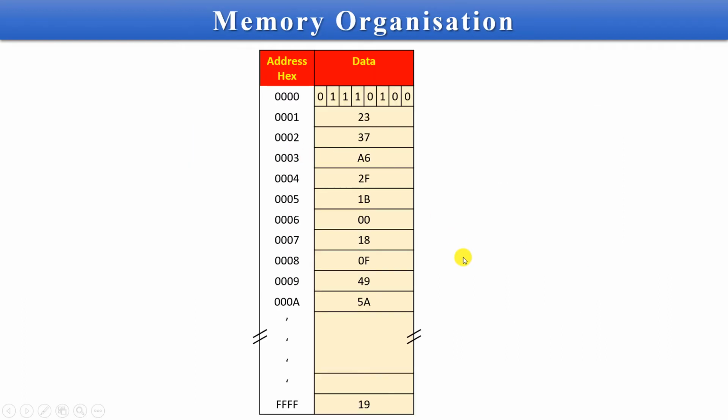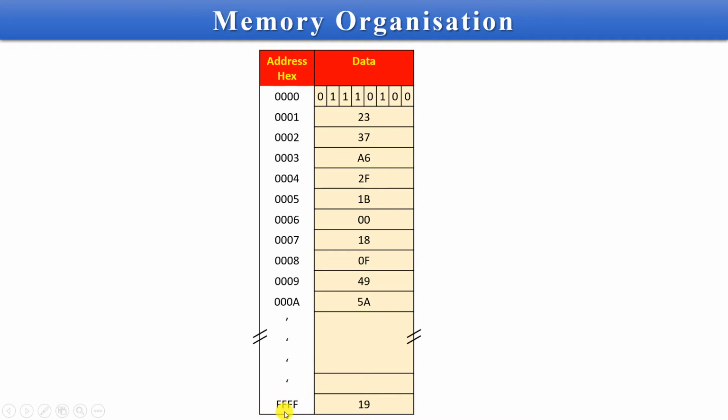So this block shows the 64 kilobytes of memory of 8085, starting from hexadecimal address 0000, 0001, 0002 and so on. You go up to 0009, then 000A, after 9 we have A, then B, C, D, E, F, then 0010, 0011 and so on, and this will go on up to FFFF.